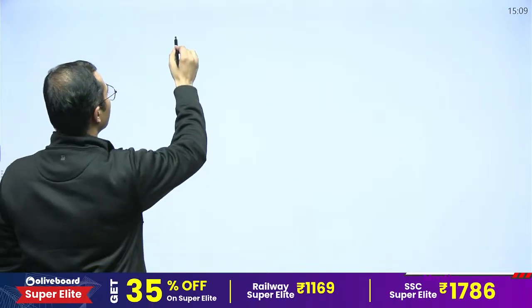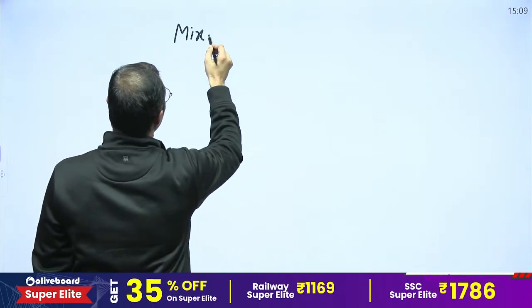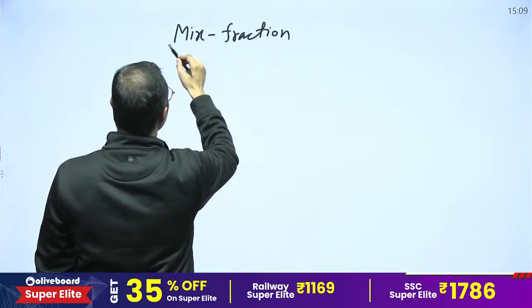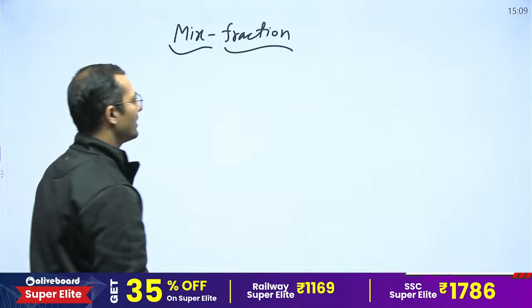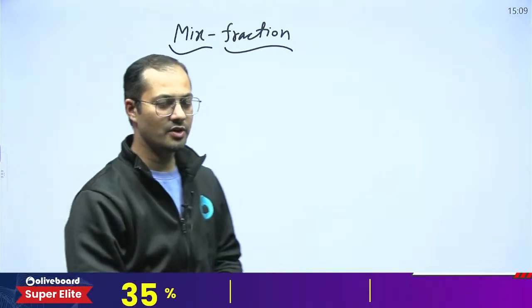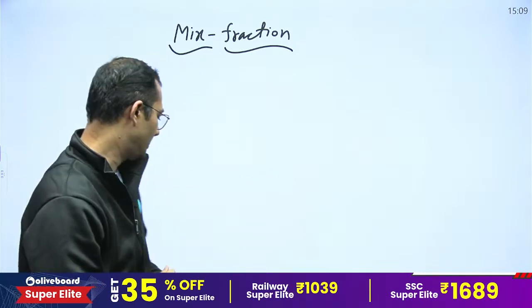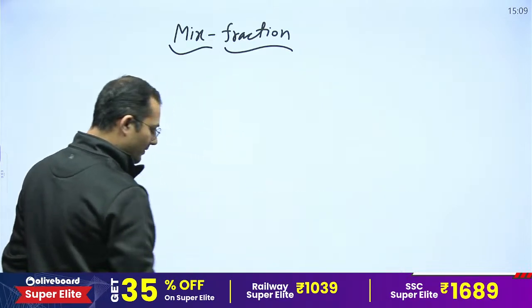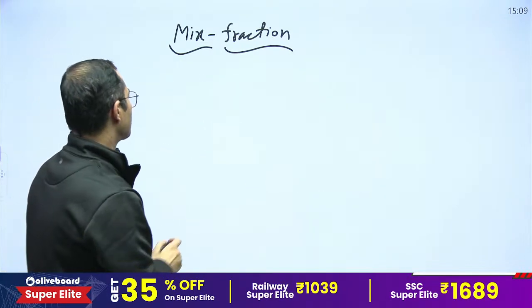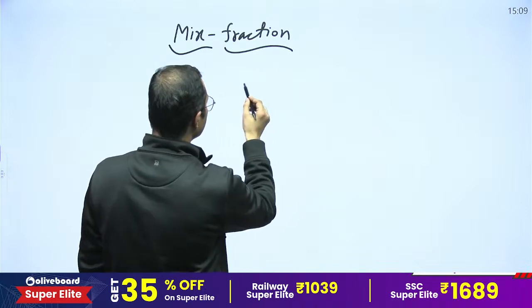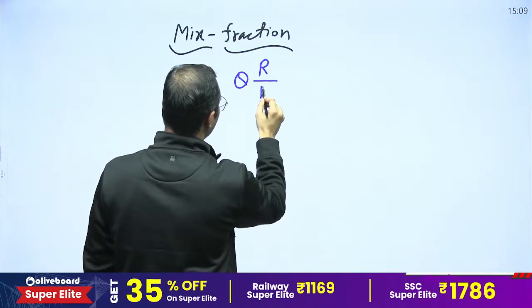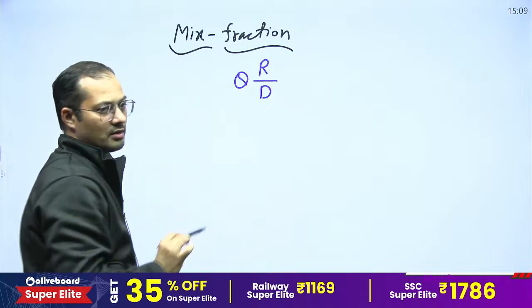What is mixed fraction? Can anyone tell me? What do you understand by the mixed fraction? I told you this is a very basic class. Any number which is written in the form of q whole r upon d is called mixed fraction.